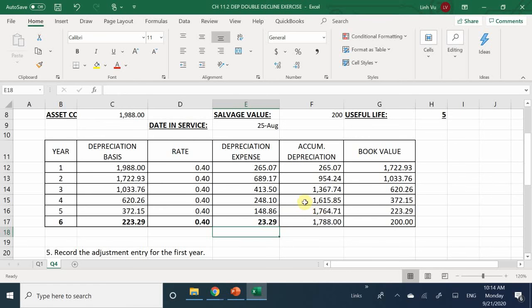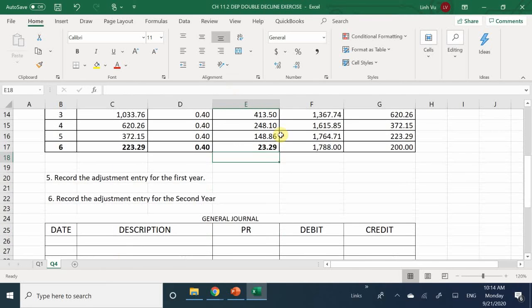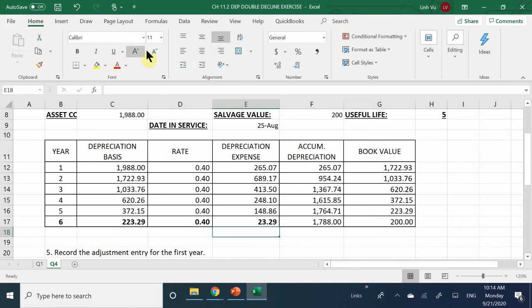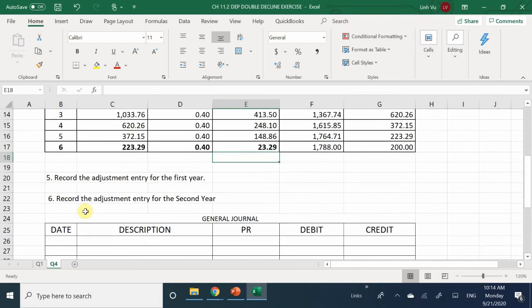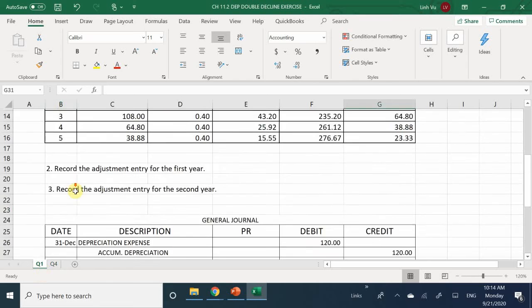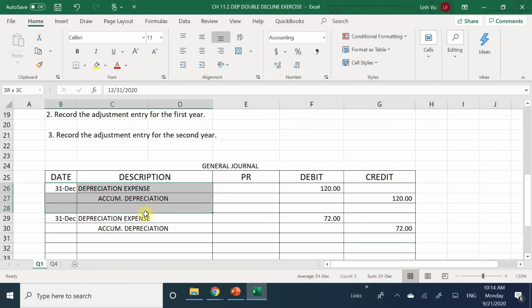Okay. All right. So let's go ahead and journalize for the first year. What is my journal going to look like, and what is the amount? Depreciation expense is debit 265.07. Okay, hold on. I'm going to copy and paste the information from the previous one.